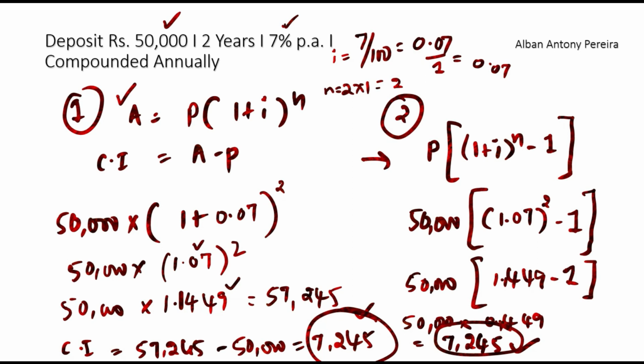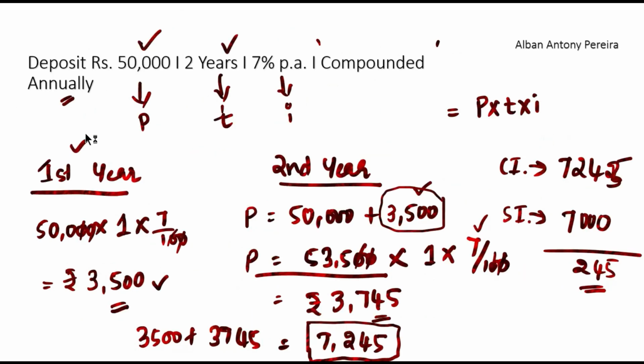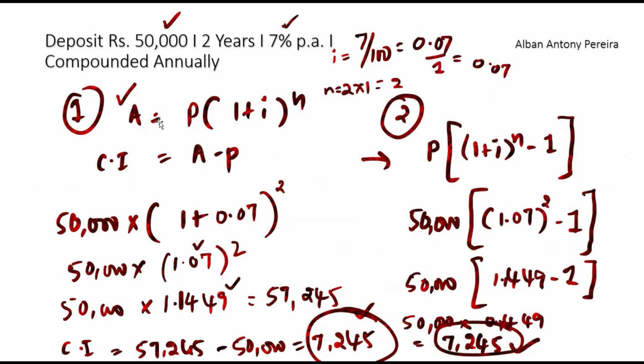This is the two-step method, this is the single formula method, so you can choose either of those, right? In this particular question, it was very detailed. We calculated for the first year, second year, and later the final interest amount. Whereas with the formula method we could get the compound interest straight away.